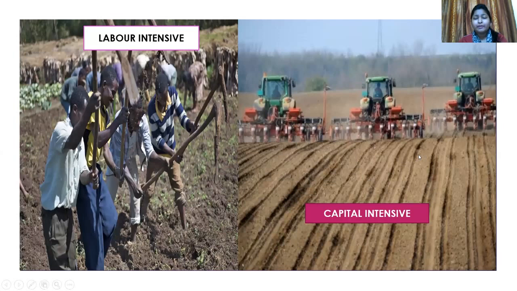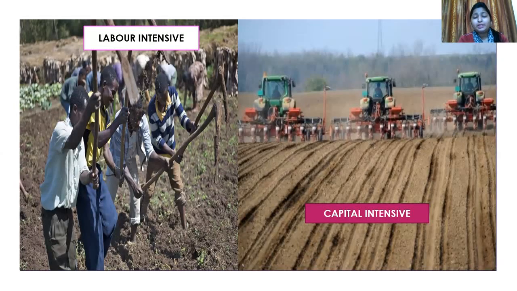Labor intensive and capital intensive. What do you mean by labor intensive and capital intensive? Labor intensive means that more laborers or manpower is required to carry out the production process. Capital intensive nature is generally seen in modern methods of farming, because instead of using manpower, we are replacing manpower with machineries.